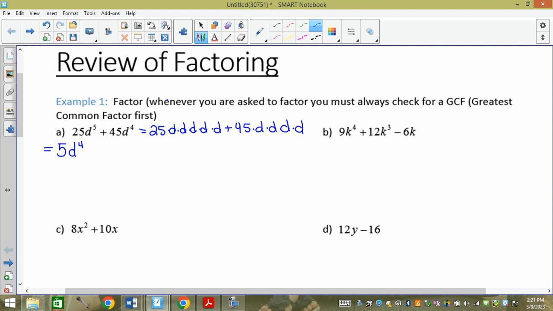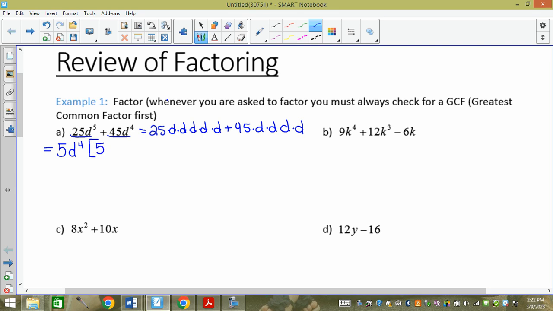So if I take a 5 out of 25, remember that GCFing is dividing. When you take out a GCF, you divide, right? So if I take 5 out of 25, I'm not left with 20. 25 divided by 5 is what? 5.